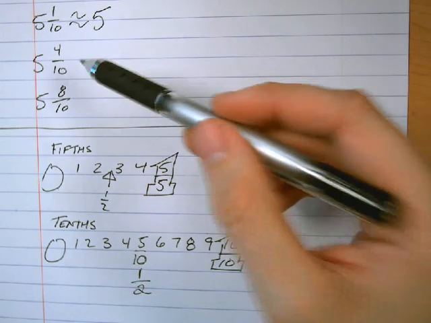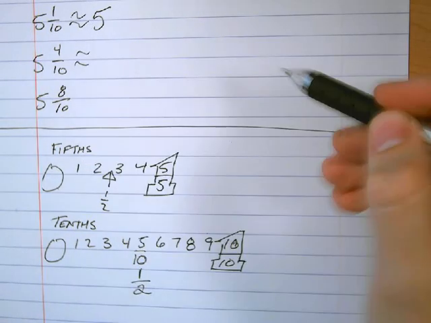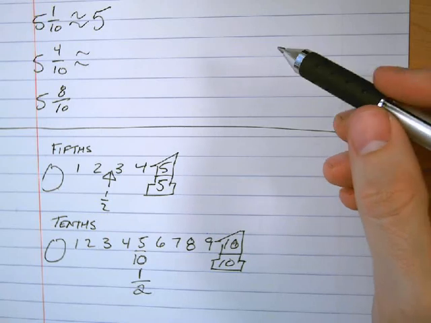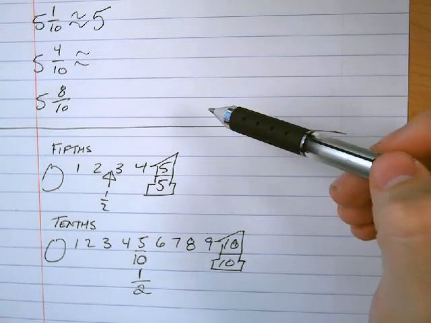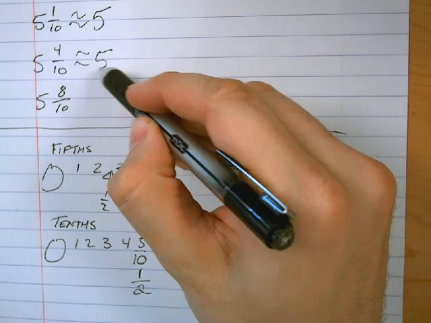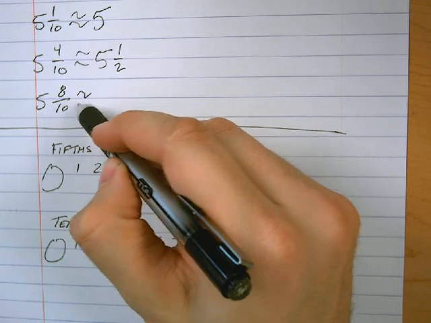What if it was a different number, though? Instead of 1/10, what if it had been 5 4/10? I want to put my pencil here on the 4, and I would see that's pretty close to a half. So I would say 4/10 is close to half. Am I going to round the whole entire thing to 1/2? No. It's going to be 5 plus about a half. That's what the squiggly equal signs mean, by the way.